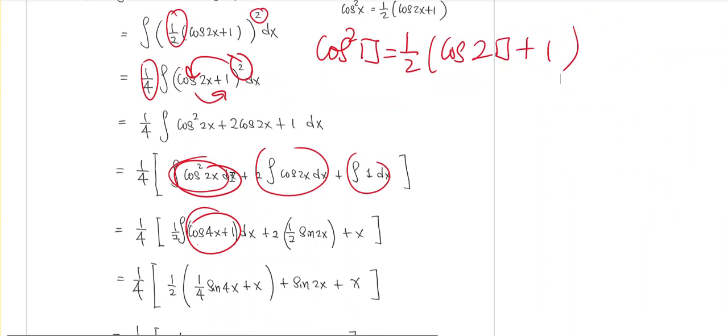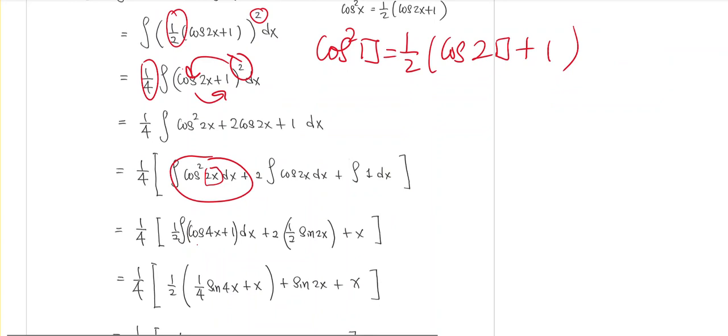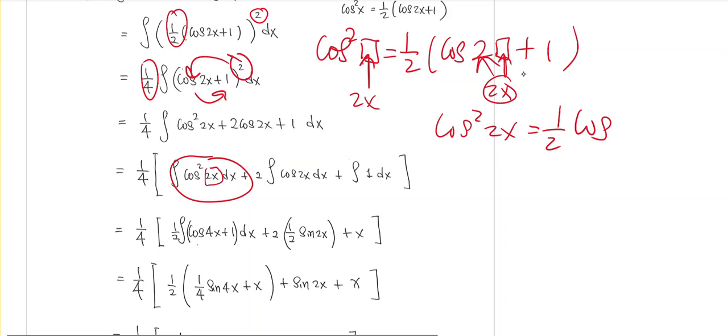So if you refer to the situation here, we need to apply this formula right here. Our box here is 2x. So cosine squared of 2x turns out to be 1 over 2 times cosine of 2x times 2, which is 4x, plus 1. That is why we substitute right here.